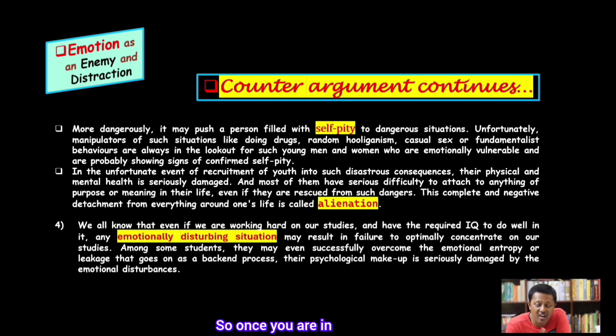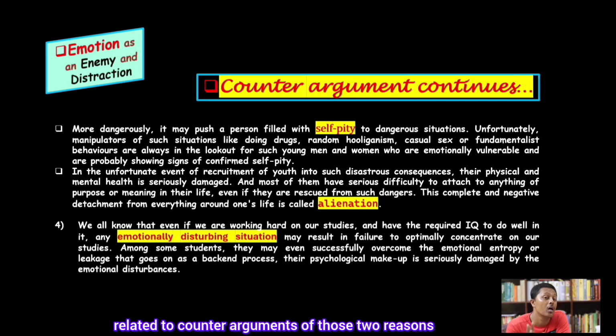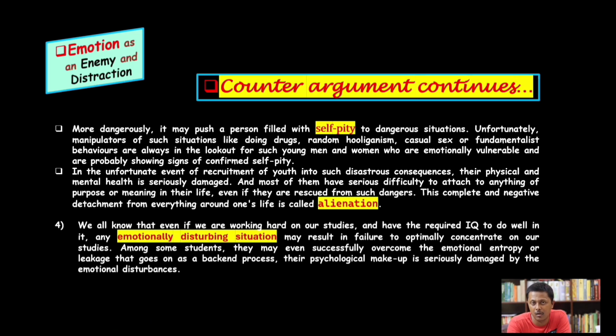Once you are in that situation, it is not easy to get out of it. So these are the factors related to the counter arguments of those two reasons that are significant.